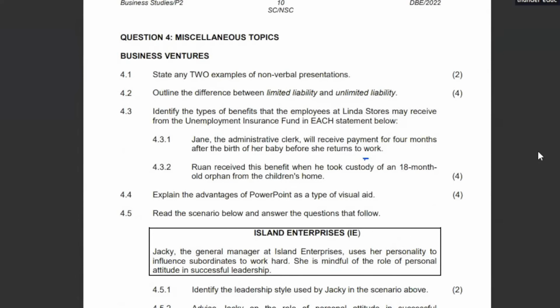Also diagrams, illustrations or pictures or photographs or scenarios or models, and written business reports, flip charts, handouts or printouts. We can also have slideshows or PowerPoint.